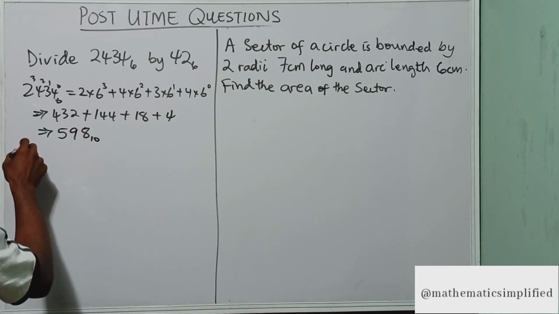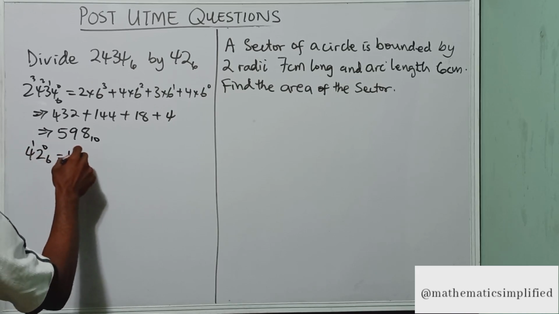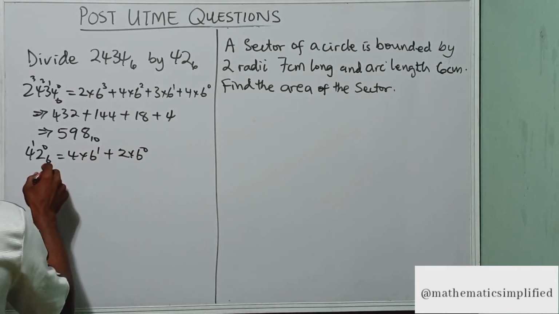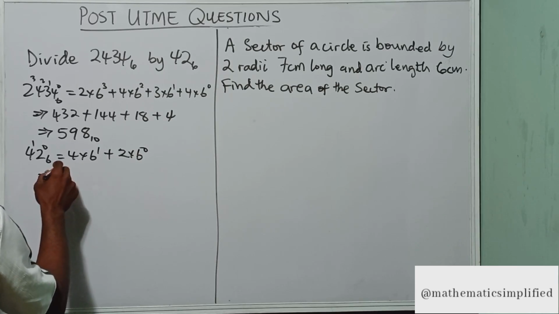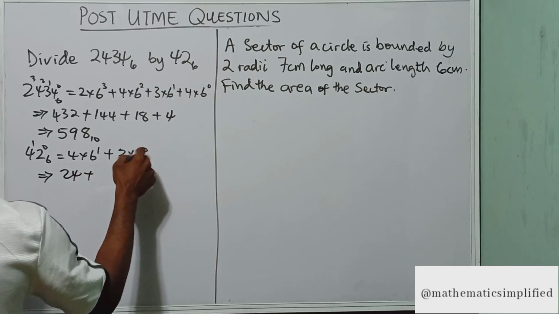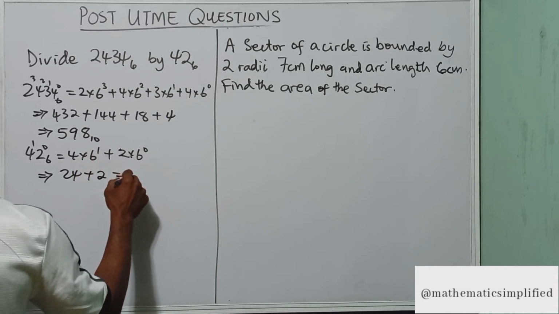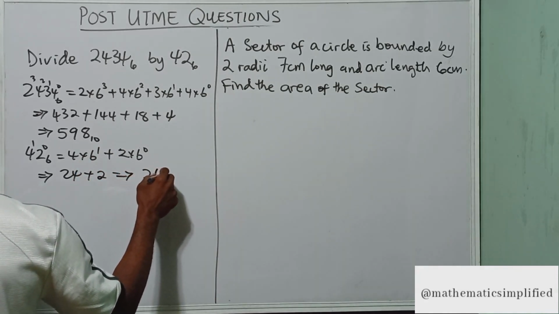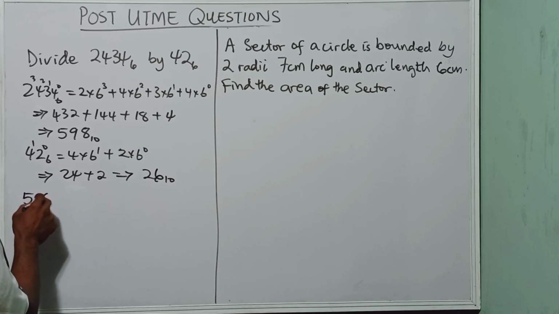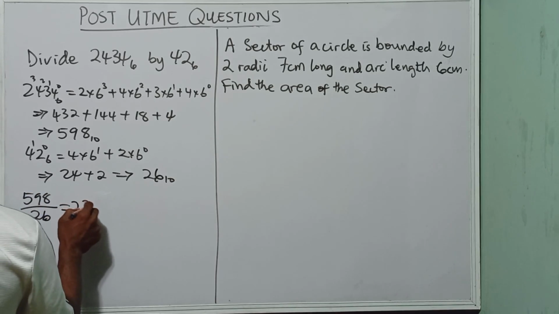Now we also convert our 42 base 6: 4 times 6 raised to power 1 plus 2 times 6 raised to power 0, which gives us 4 times 6 is 24 plus 2 times 1, 2, which gives us 26 base 10. So now, if we divide 598 by 26, we would get 23.